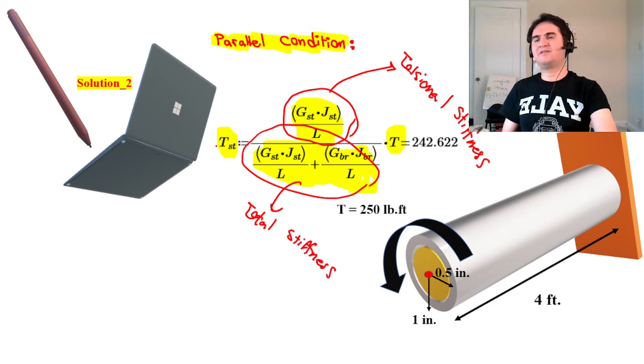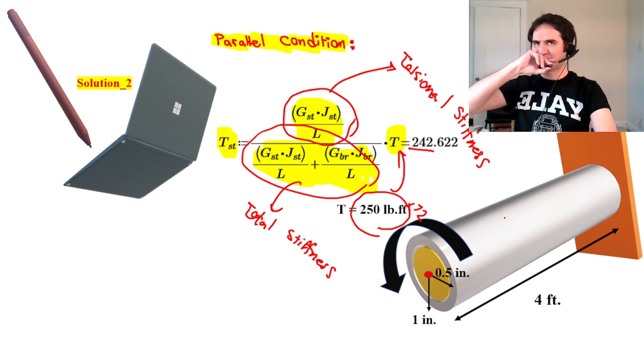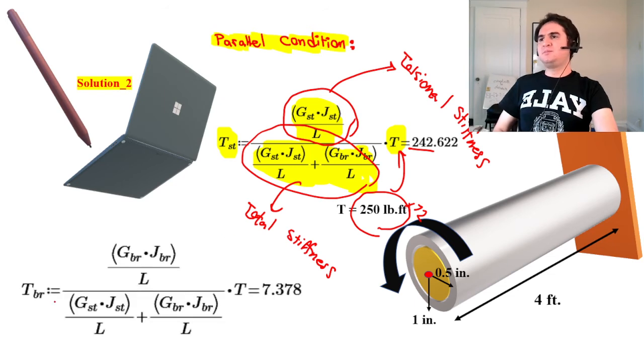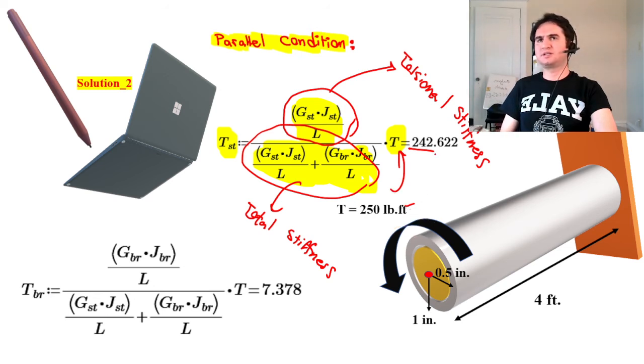Just replace these amounts, but don't forget to convert to inches because the units are in inches. So that gives 242.6. Just do the same for brass, but double check the unit. I think that's pound-feet.